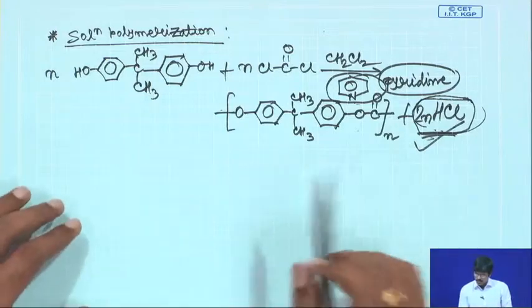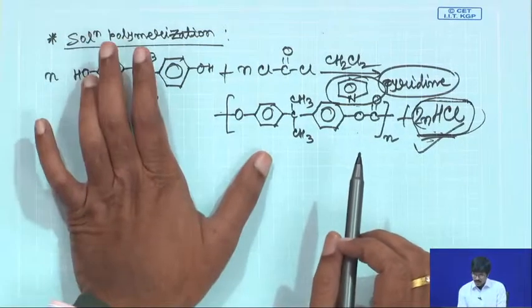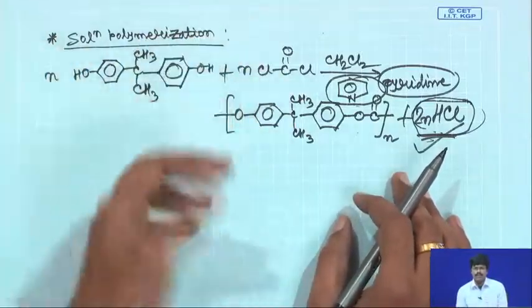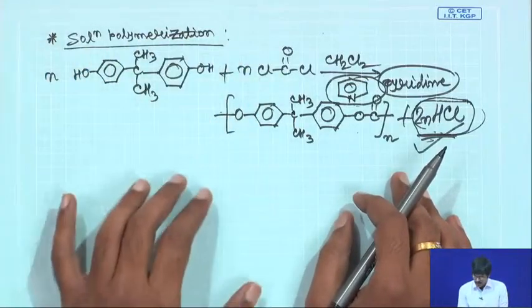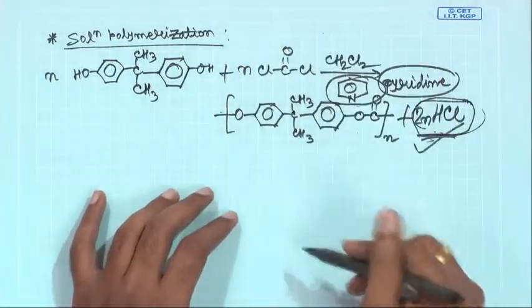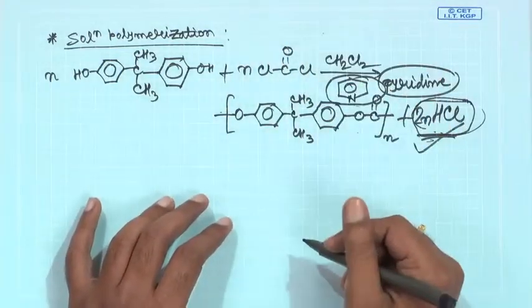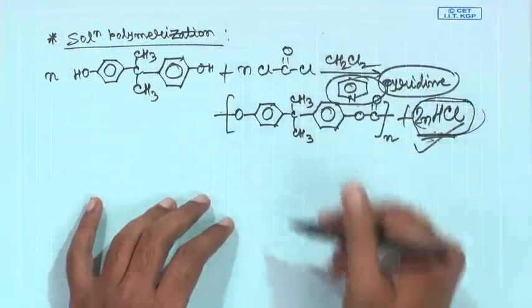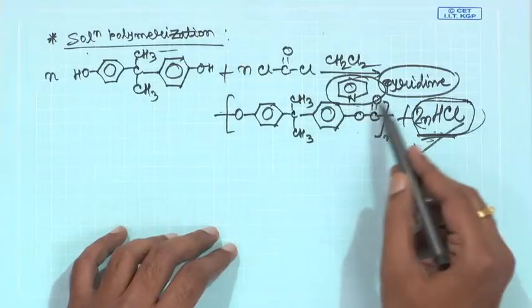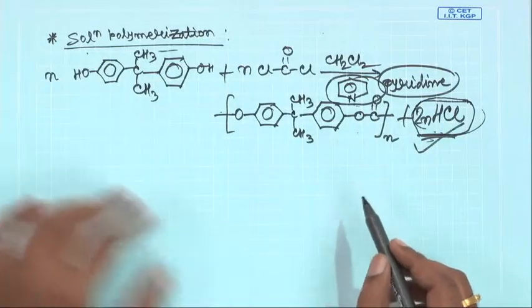Now, the difference with interfacial polycondensation, apart from the obvious point that the reaction is not at the interface, but it is in one phase, is that in the interfacial polycondensation sodium hydroxide is your acid acceptor, because you are using alkaline medium, and in solution polycondensation or polymerization you have pyridine as the acid acceptor.